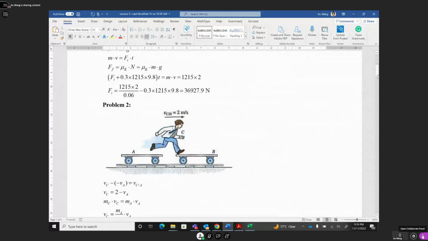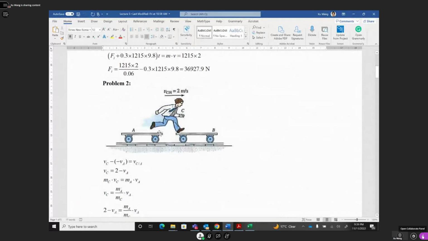First, we have this guy's velocity V_C, and minus the relative speed. The relative speed is this velocity minus the velocity of A, but A goes in the opposite direction.